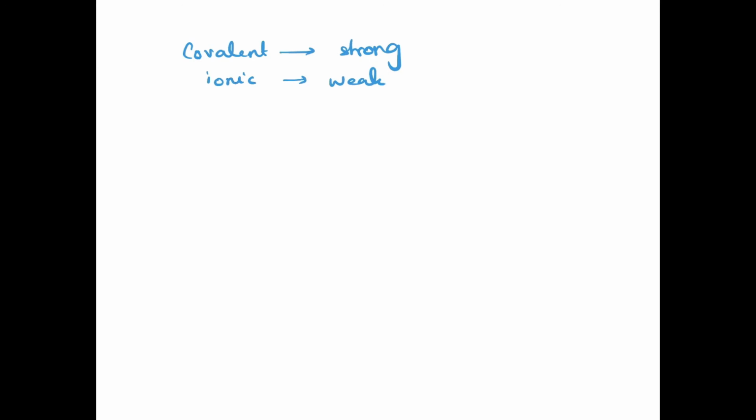But if you see in case of intermolecular forces, the covalent bonds result in bonded molecules with very weak intermolecular forces, while the ionic bonds result in strong intermolecular forces.